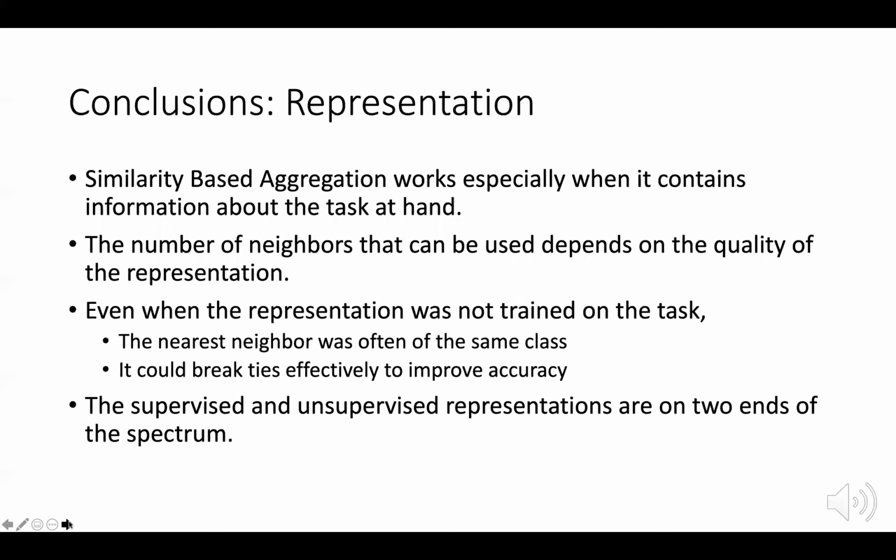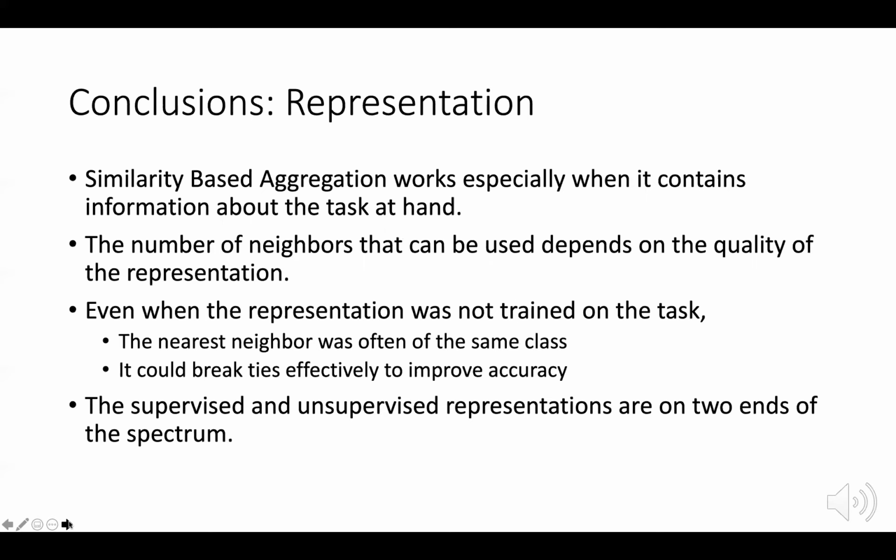So the conclusions with regards to the representation are rather straightforward. First, the aggregation works well when the representation has been trained on the image at hand or on the task at hand, and the number of neighbors that can be used depends on the quality of the representation.